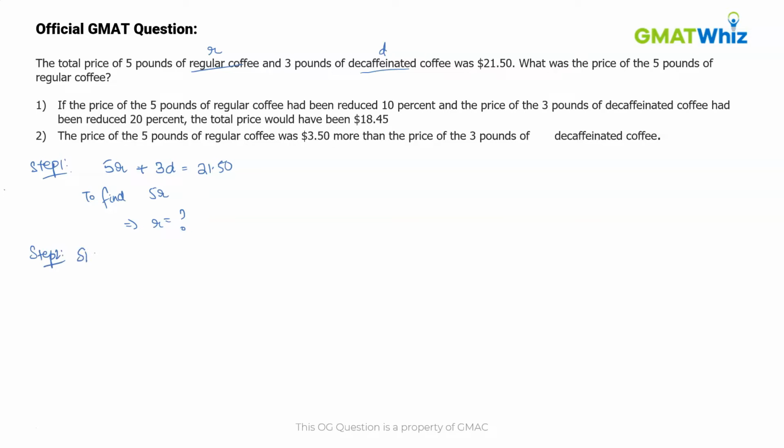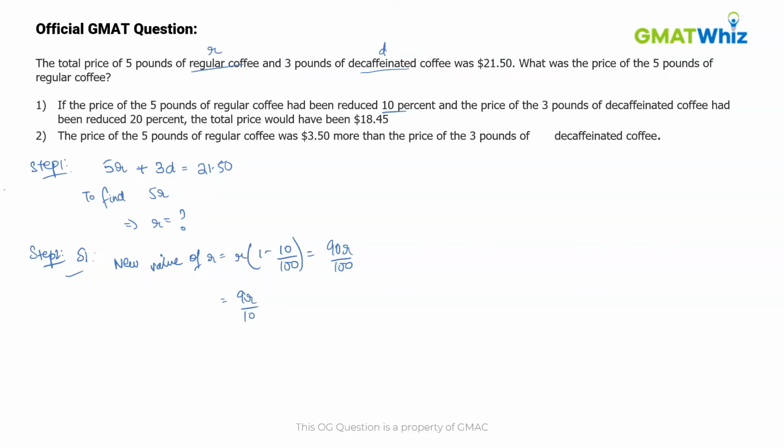So statement 1 tells us that the price of 5 pounds of regular coffee had been reduced 10%. So you have to find the new price of the regular coffee. Let's write it as new value of R will be equal to R multiplied by 1 minus 10 by 100. This gives us 90R by 100, and we can write this as 9R by 10.